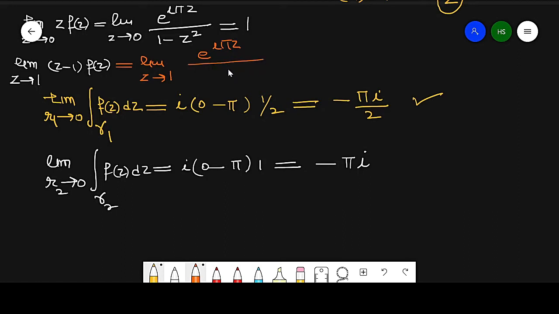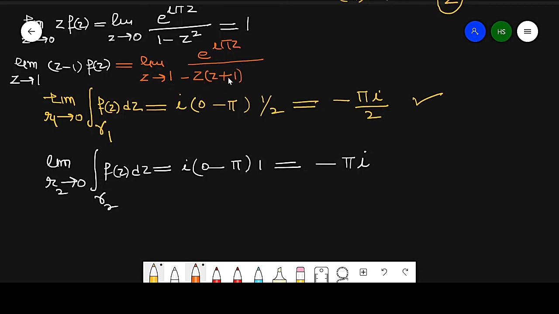So this is the (z minus 1) into f(z), the first term, and then minus z plus 1.